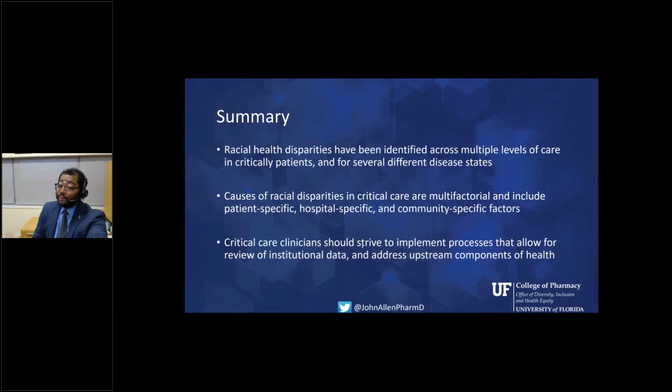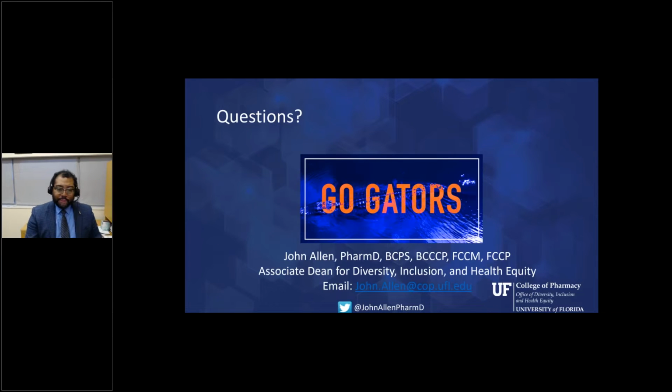Many of you recognize the importance of this: if you don't look at the data, you're never going to improve it. So we need to develop processes that allow for review of institutional data, but then also address upstream components of health. And so with that, I will pause and take any questions.